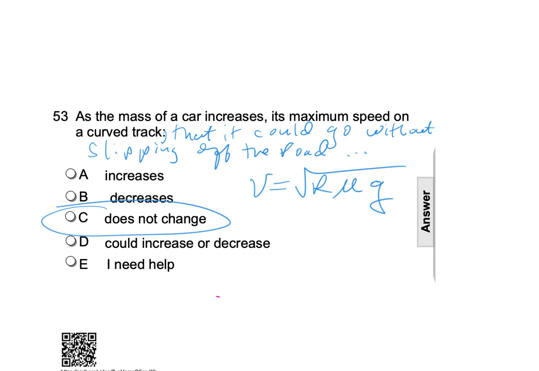So a pickup truck with its rear unloaded, and a pickup truck with tons of rocks in its truck bed, that doesn't change the maximum speed it can go around the curve without wiping out.